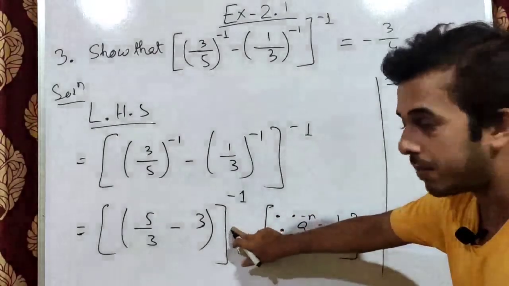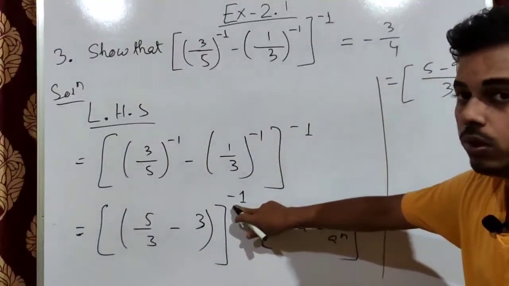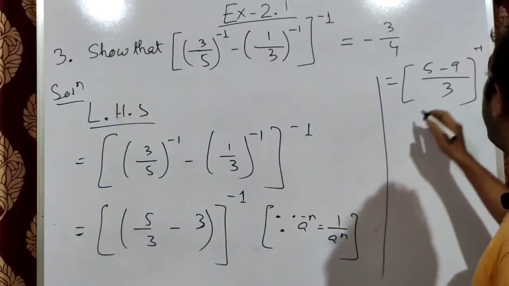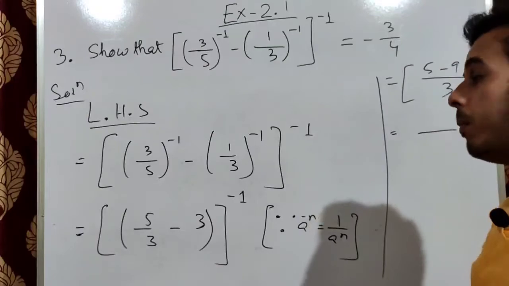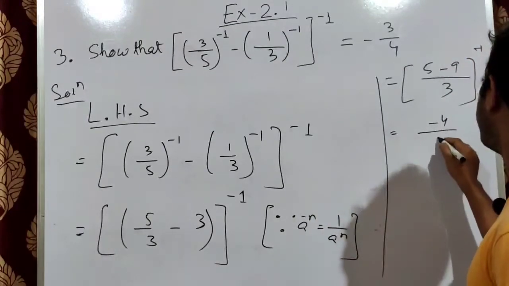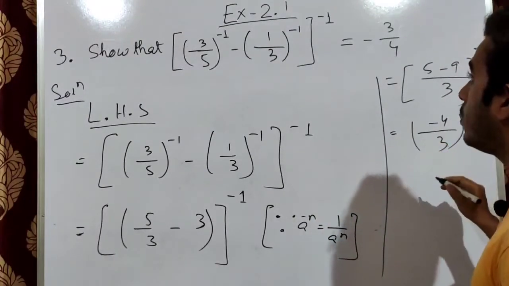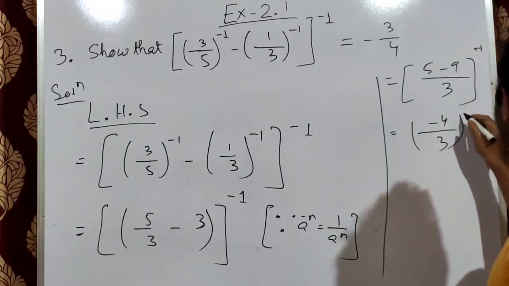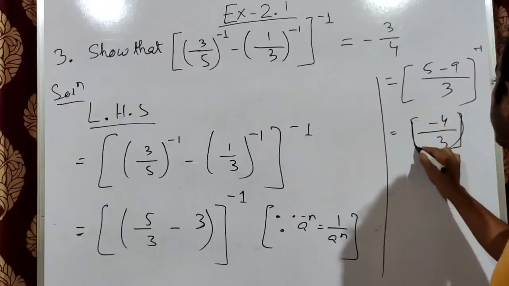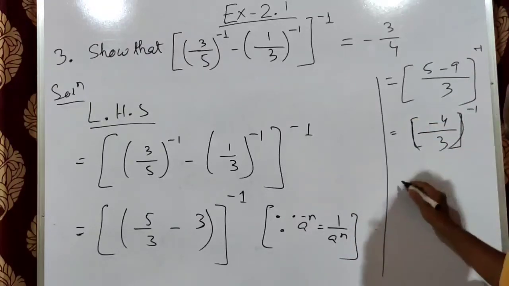I have closed this bracket here, and now we will write minus 1. Now 5 minus 9 is minus 4, so minus 4 divided by 3, then we have to give this bracket minus 1, clear?